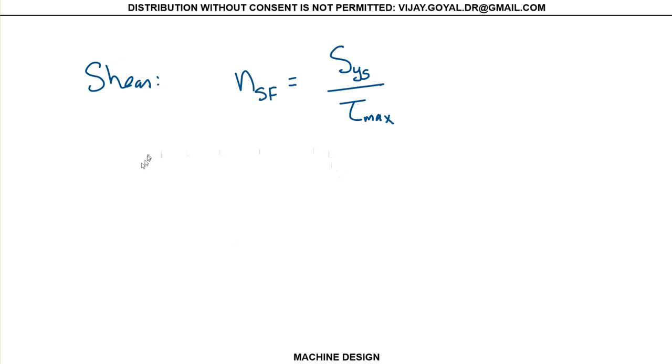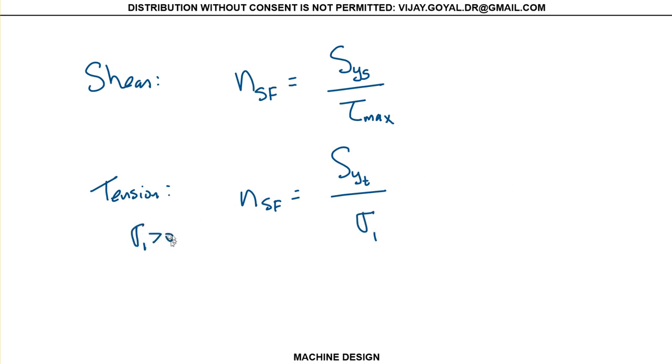If it was tension critical, then you could say your factor of safety was equal to sigma yield in tension divided by sigma 1, where we're assuming that sigma 1 is bigger than 0.